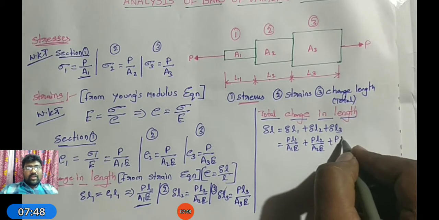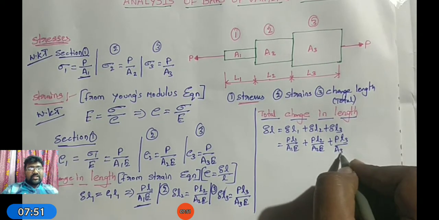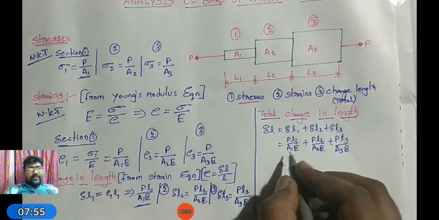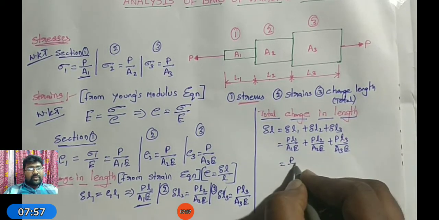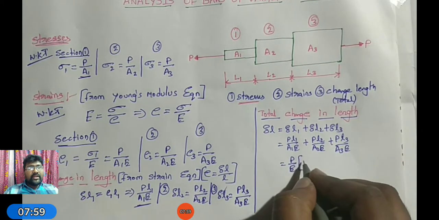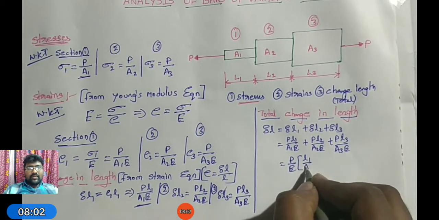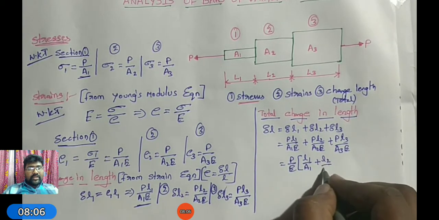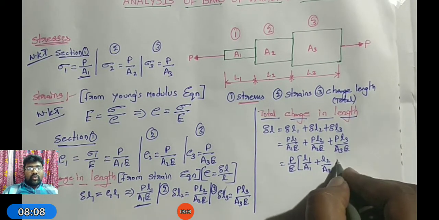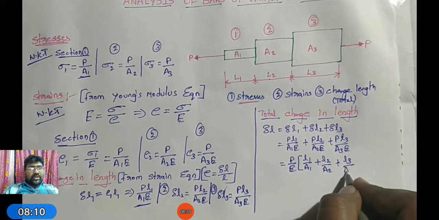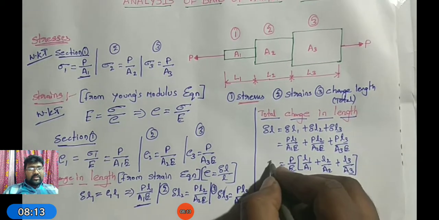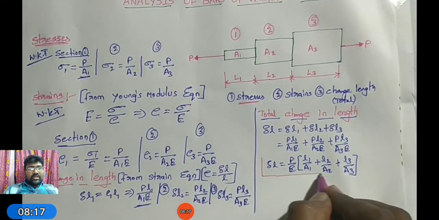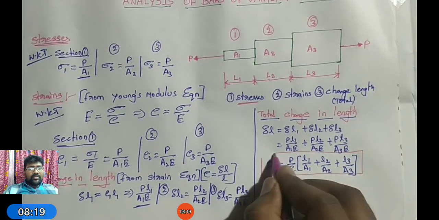After substituting, P and E are the same in all three sections, that is the applied load and Young's modulus value. So I am taking them common, and the remaining equation is P by E into L1 by A1 plus L2 by A2 plus L3 by A3. It is the total change in length in the bar due to the applied load.